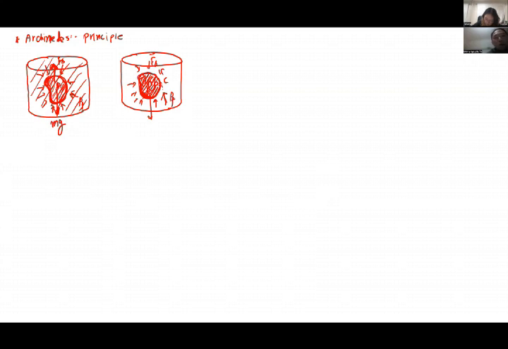So this body now occupies the same volume that this liquid or fluid was supposed to occupy, right? But because of the difference in density, this object will experience an amount of force produced by the surrounding fluid that makes the buoyant force.